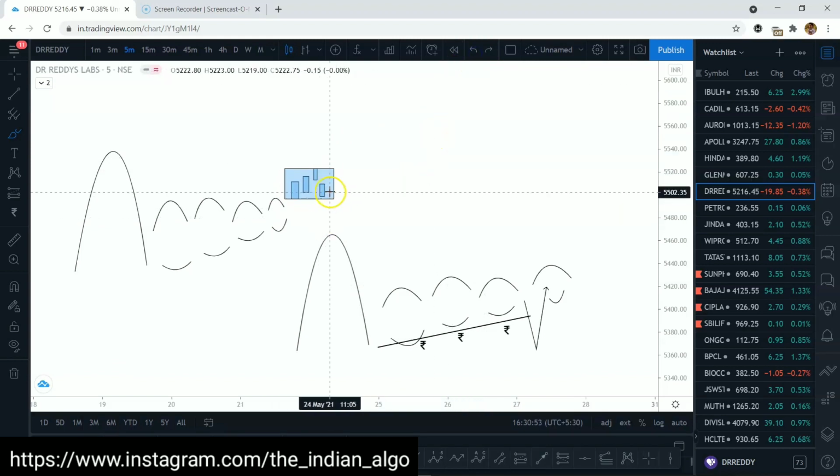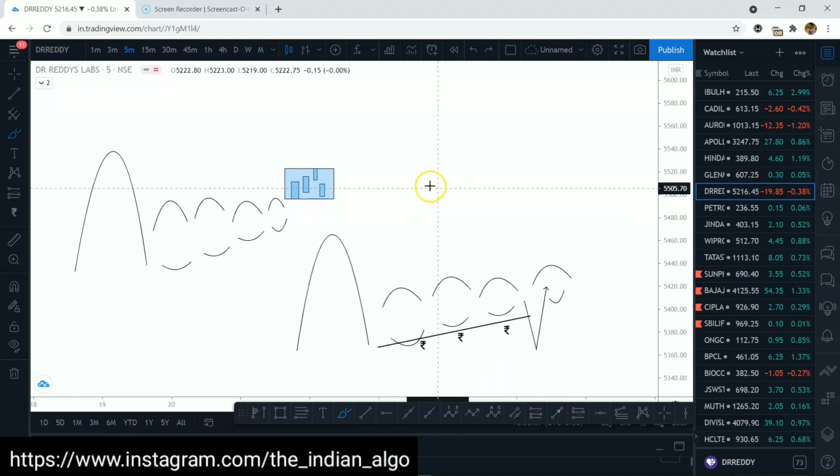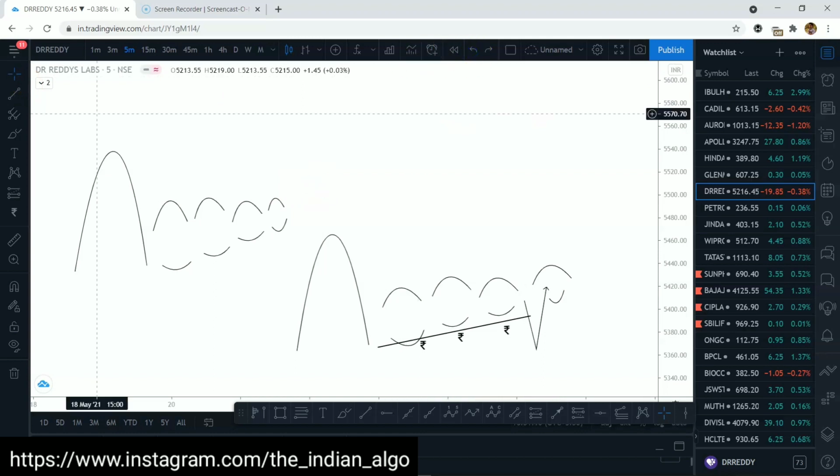You can go back and rewind this particular thing and try to understand what I just explained here. Now coming back to this particular range entry, what you will see is, let's say the price is ranging something like this.